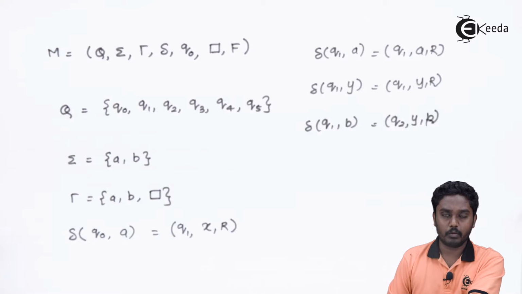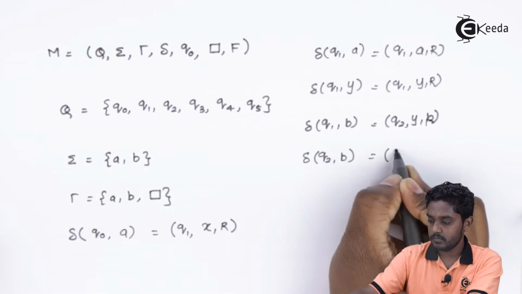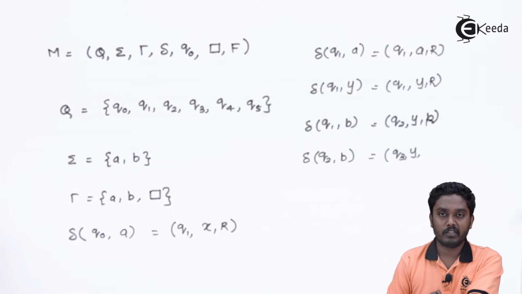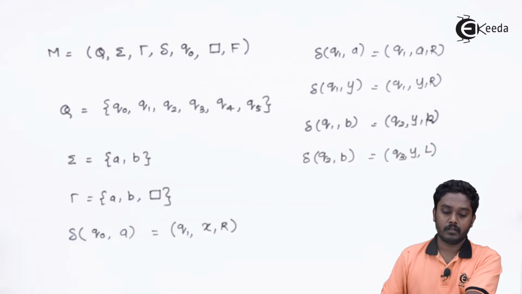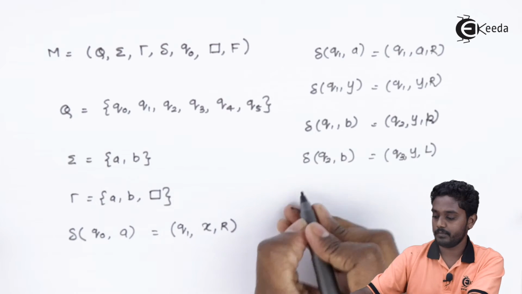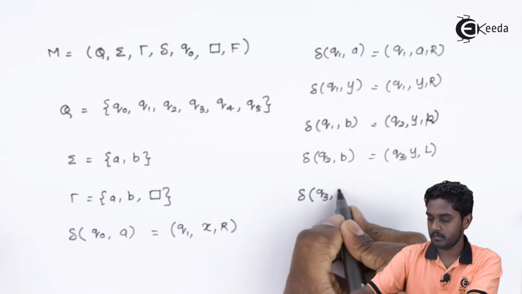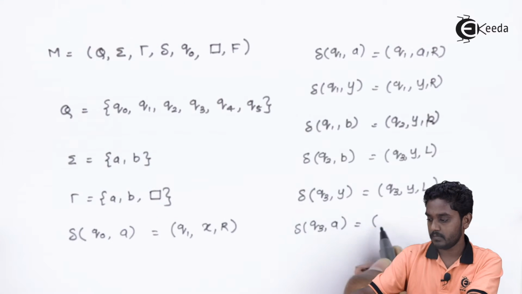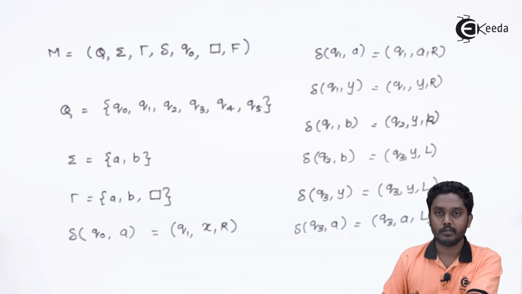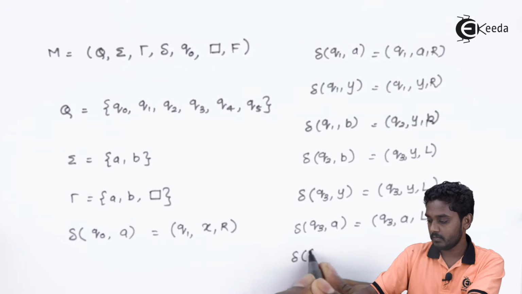From Q2, it will go to the next state, Q3, on the next B, replacing B with Y and moving left. Q3 will keep on skipping all symbols, moving left till we reach the rightmost X. On the rightmost X, it will go to the initial state Q0.